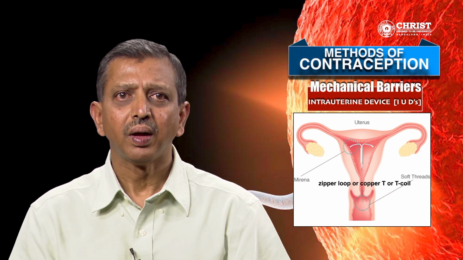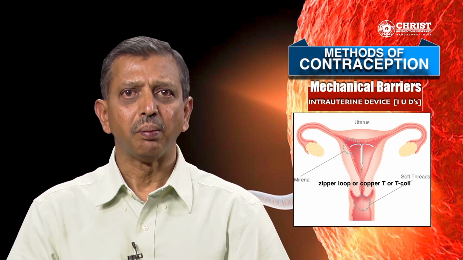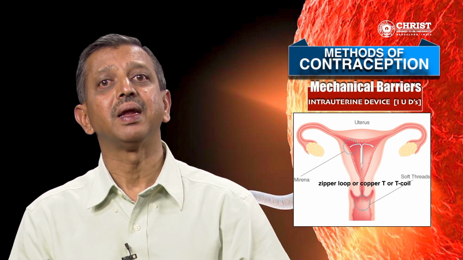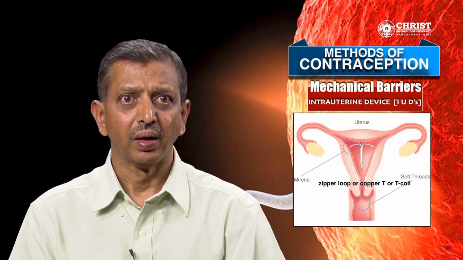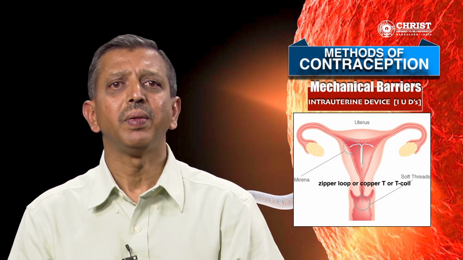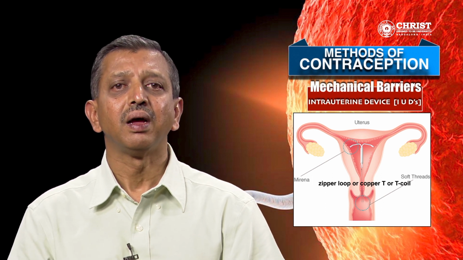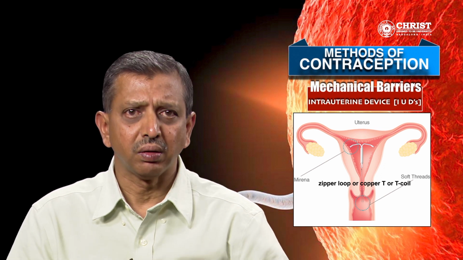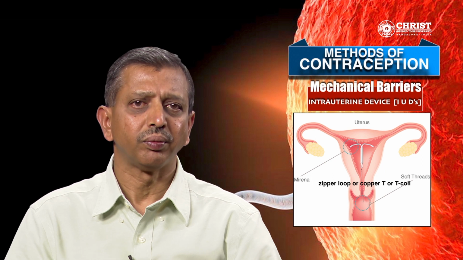Some women may not feel comfortable with its presence in the womb, or it may get expelled. If poorly designed, it may also cause intrauterine infections, septic condition, and other problems.